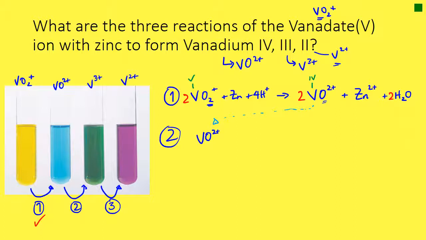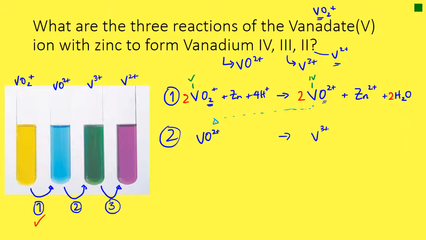So we've got our VO2 plus, which is our light blue solution, and we want to make that into V3 plus. And we need some more zinc to facilitate that, so let's just check our oxidation numbers first to make sure we are reducing vanadium.